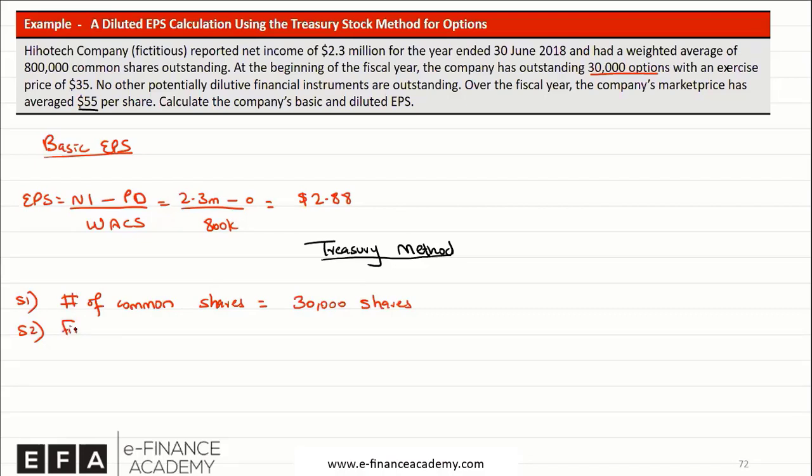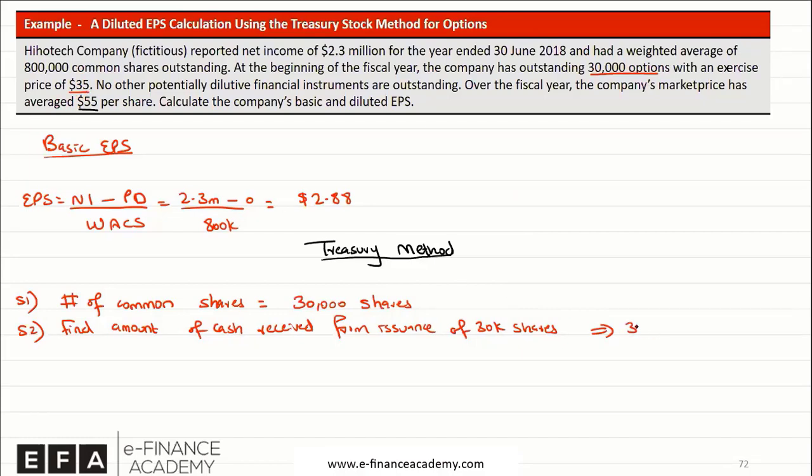So we find the amount of cash received from issuance of 30,000 shares. And the answer is, if you notice, these 30,000 shares are being issued at an exercise price of $35.